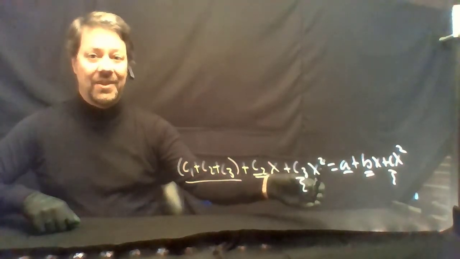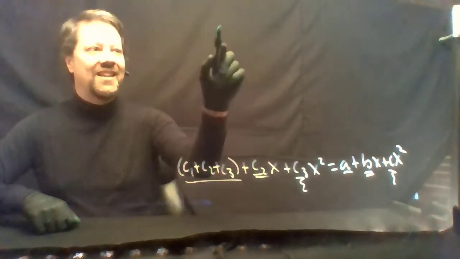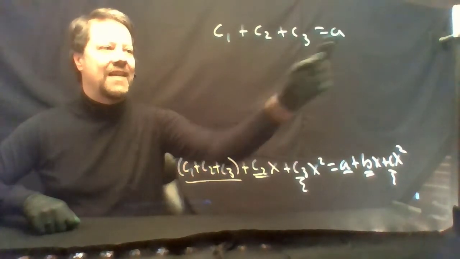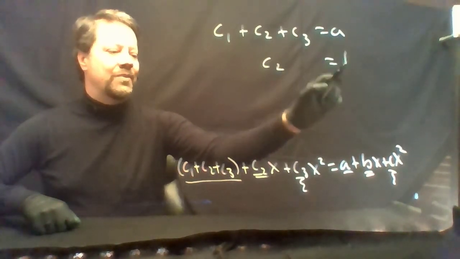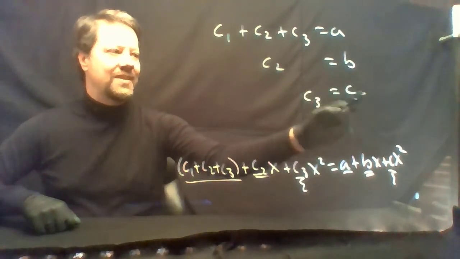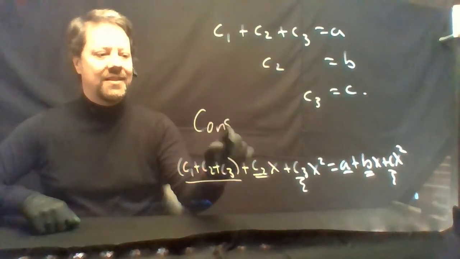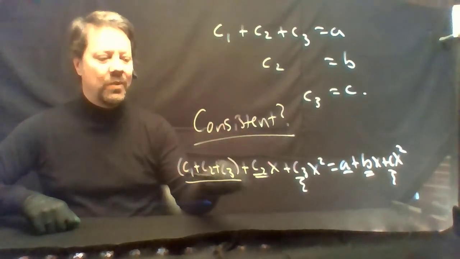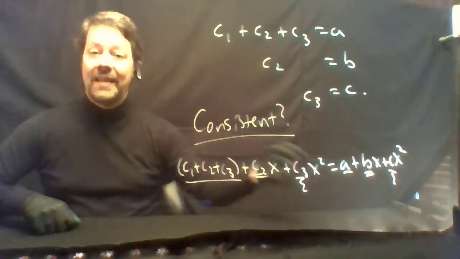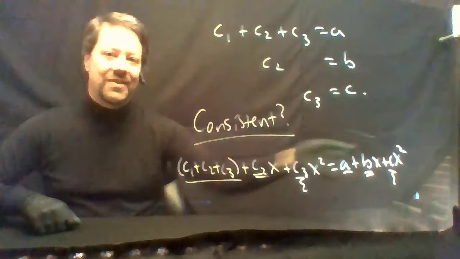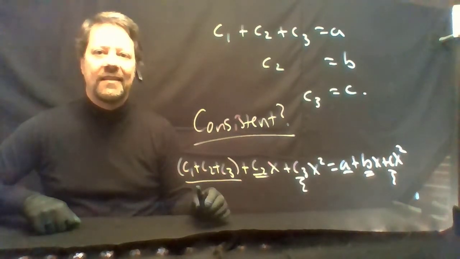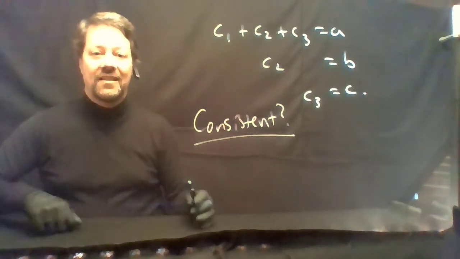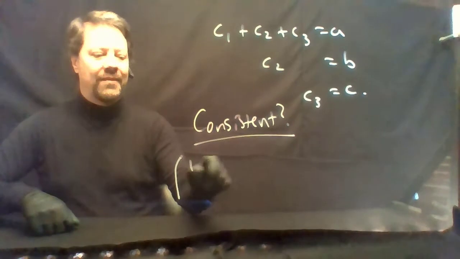The ability to span P2 is equivalent to the consistency of the equation C1 plus C2 plus C3 equals A, C2 equals B, C3 equals C. Is this consistent? If it's consistent, then there will be a linear combination that constructs any polynomial of the form a plus bx plus cx squared, which will imply then that the span of these three polynomials will equal all of P2. We can, of course, construct an augmented array.